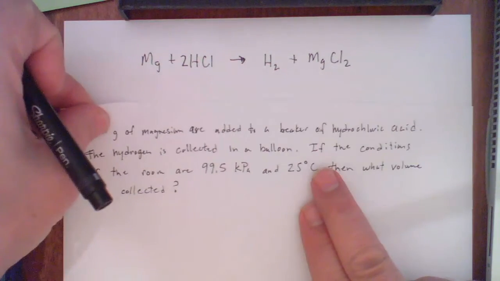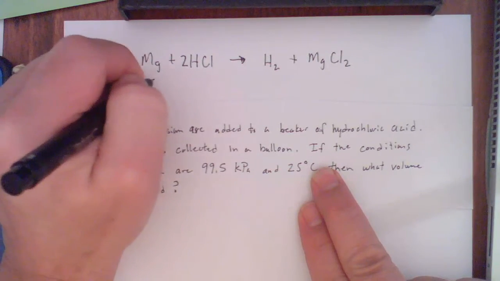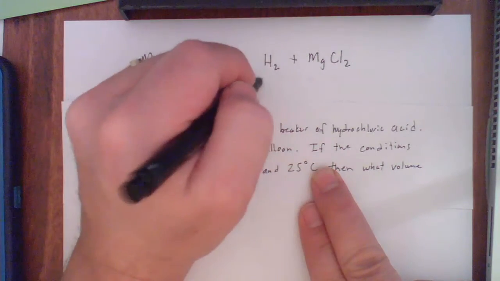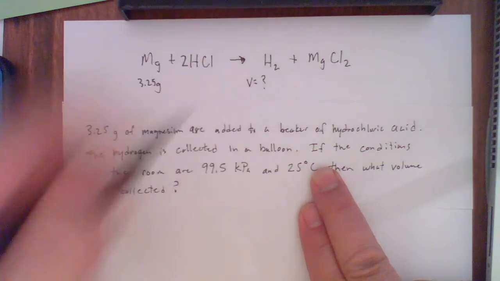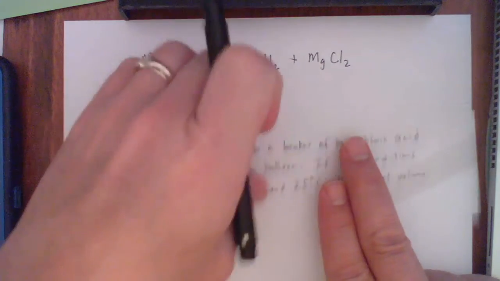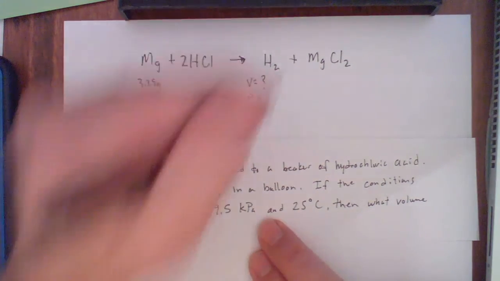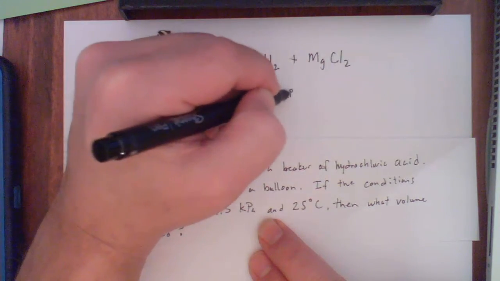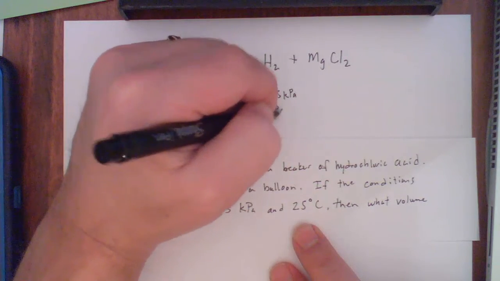Now, we know exactly how much magnesium we're going to start with, so it's 3.25 grams of it, and we want to figure out how much hydrogen we're going to make. And this is going to be the volume that we're looking for, but we do know our pressure and our temperature of this. So the pressure was 99.5 kilopascals, and temperature was 25 degrees Celsius.